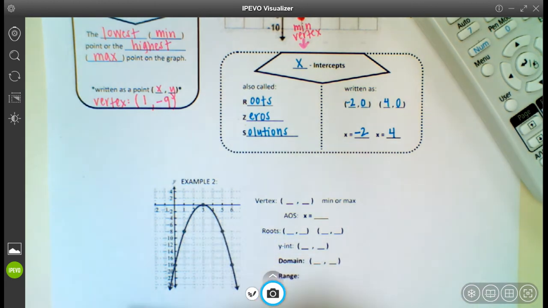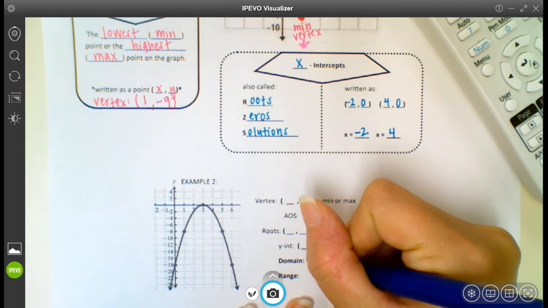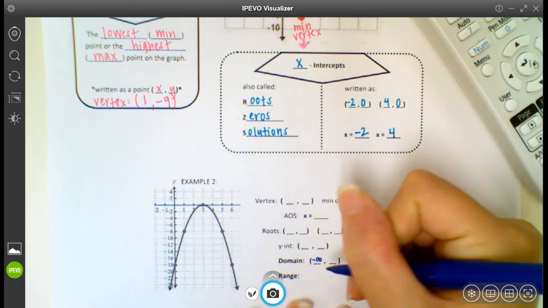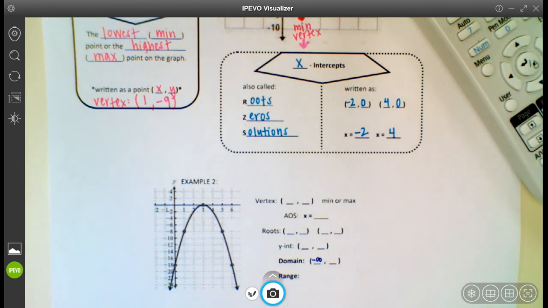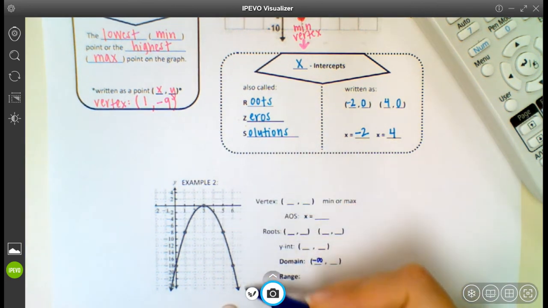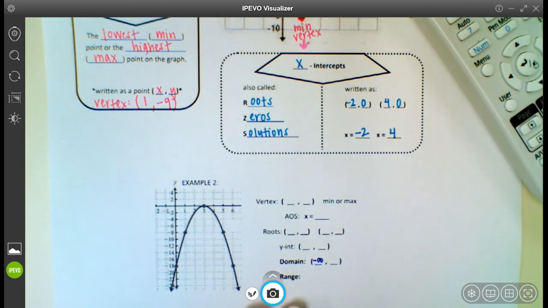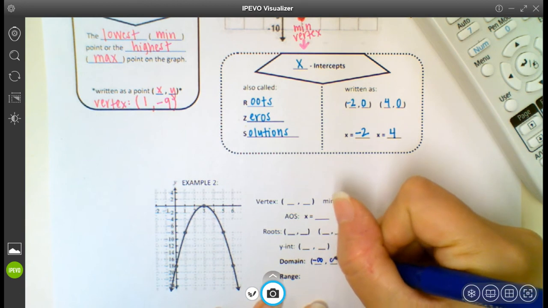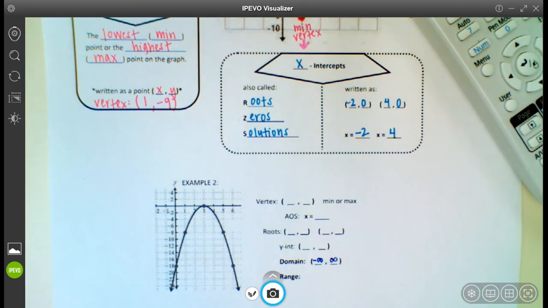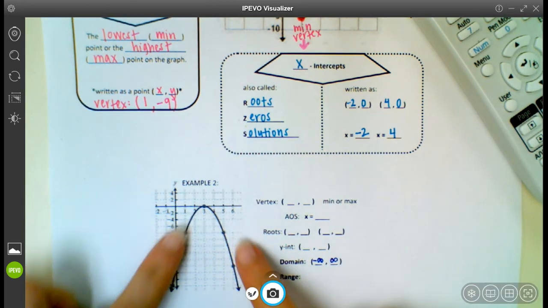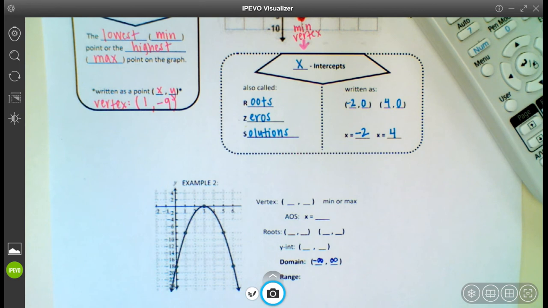Well, it keeps going forever and ever. So the domain is still going to be negative infinite numbers all the way to the left. And this U-shape continues all the way to the right, infinitely positive. According to those arrows, it means I just keep going and going.